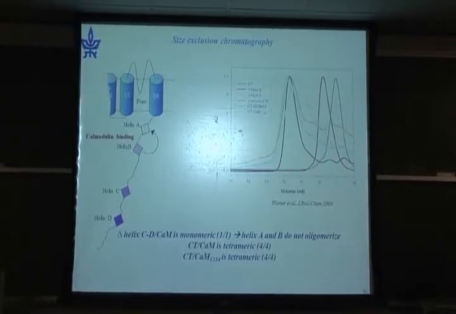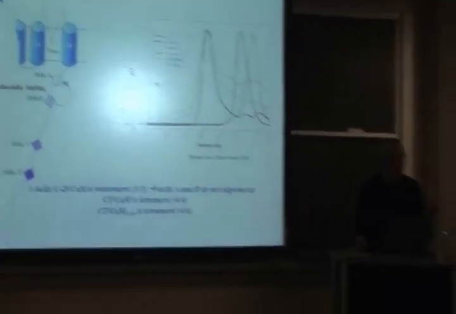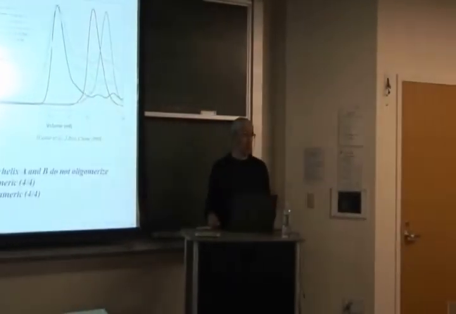However, we did other experiments showing that you can bind wild-type calmodulin and have, again, a tetrameric stoichiometry. You can also have the same tetrameric stoichiometry if you bind a mutant calmodulin that does not bind calcium.